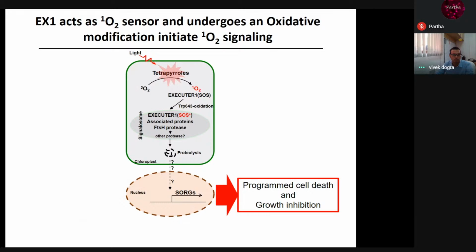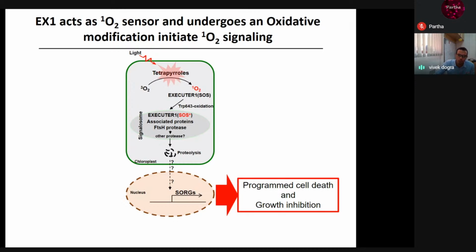And so we then made a model that upon sensing light, the plant makes tetrapyrroles to photosensitize, and they make ROS, singlet oxygen, which is sensed by the executor one protein, and then this undergoes degradation by a protease and makes something.